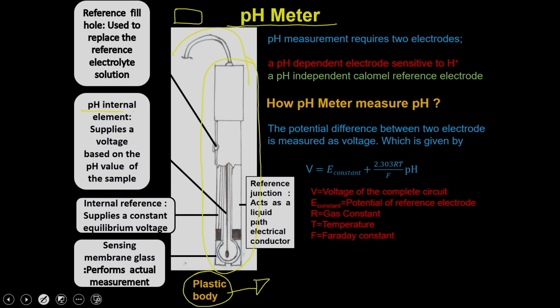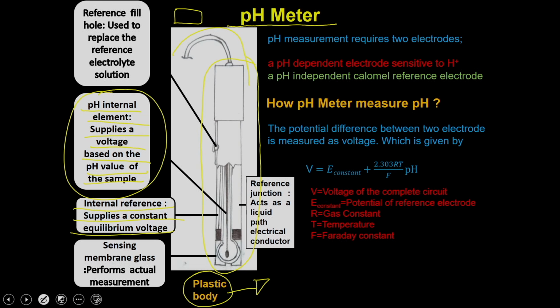You have an internal electrode which supplies a voltage based on the pH value of the sample. So you have a pH internal element which responds to the number of hydrogen ions present within the solution, and then you have the internal reference electrode which supplies a constant equilibrium voltage.